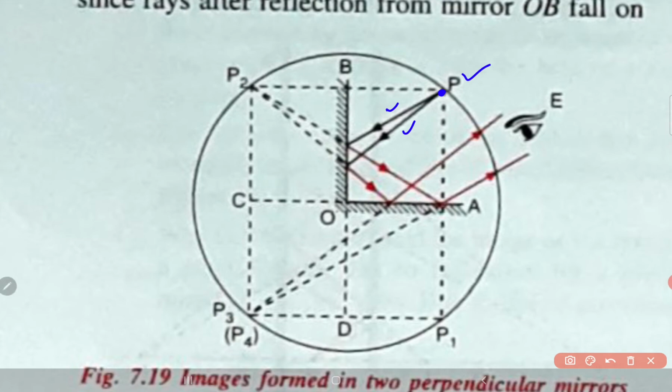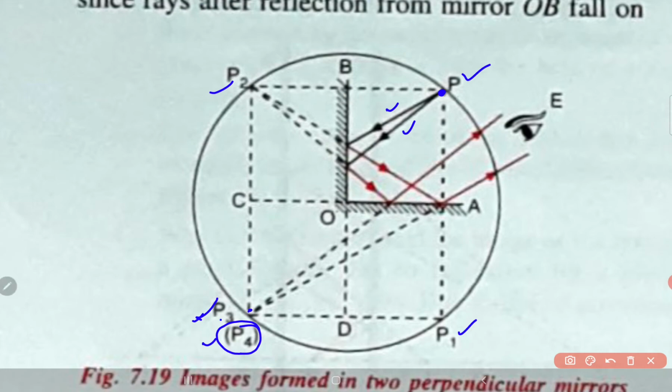There should be a total of 3 images, but there is another image P4 also. The problem is P4 and P3 are created at the same point, so P3 will overlap P4, and only one image can be seen, either P4 or P3, it will be the same. So let us see how these images are formed.